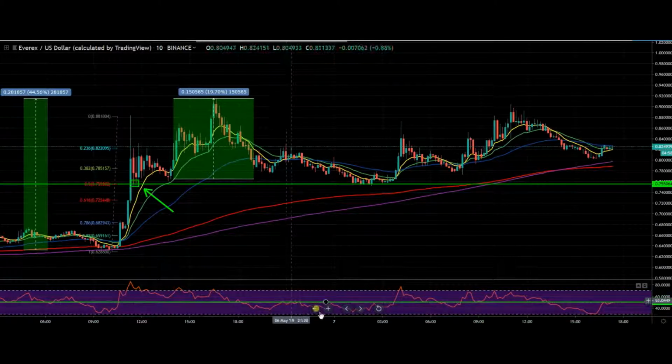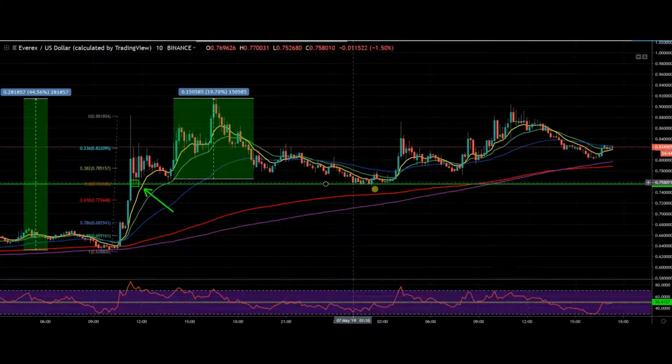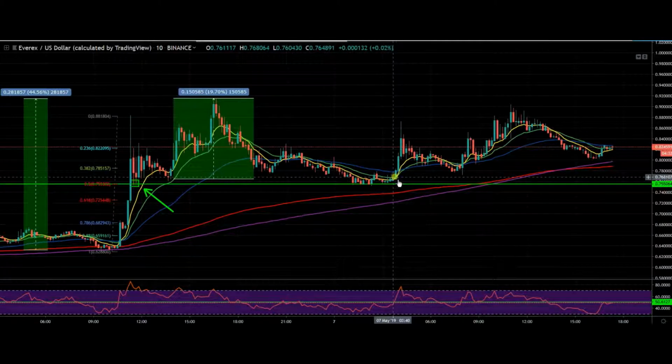So we've had 1 touch, 2 touch, 3 touch, and on the 4th touch it broke out. This is almost like a bullish consolidation here, and we've had 2 dips, and it's actually a higher low. We formed a higher low on the chart here. So as soon as you see price starting to break above, especially the 10-minute 20 EMA, that's the green line, you need to be entering this trade for a move higher.